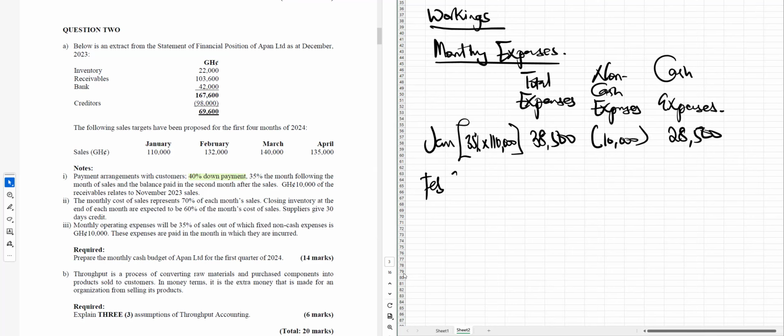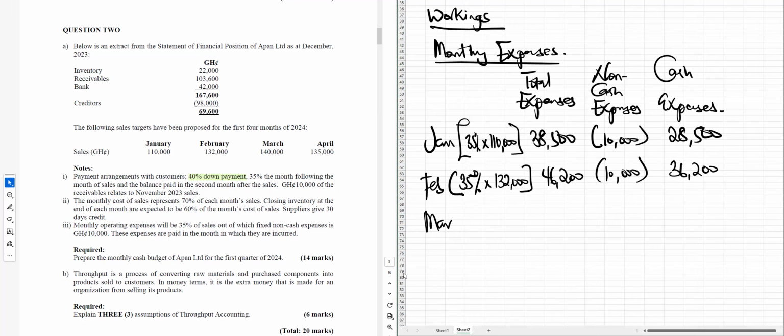So February, the same way, you take 35% of 132,000. That's 46,200, but we take out that 10,000, so it's 36,200.